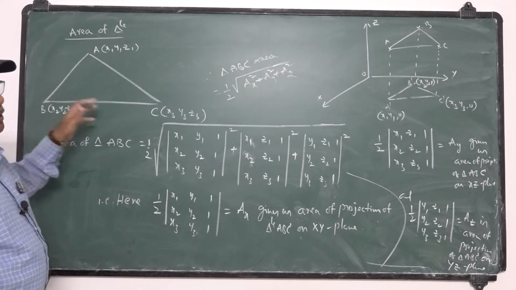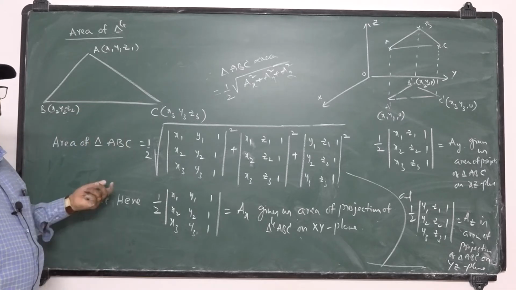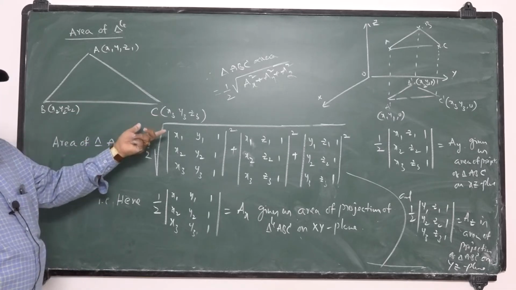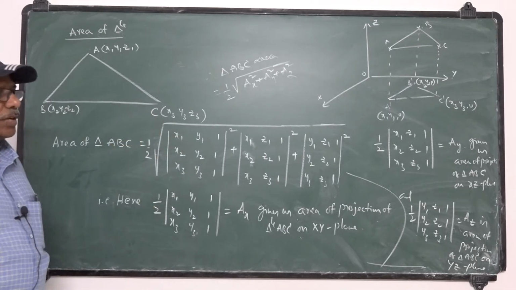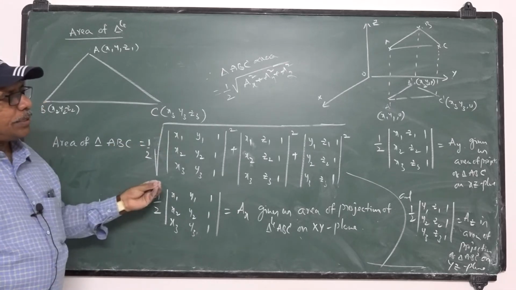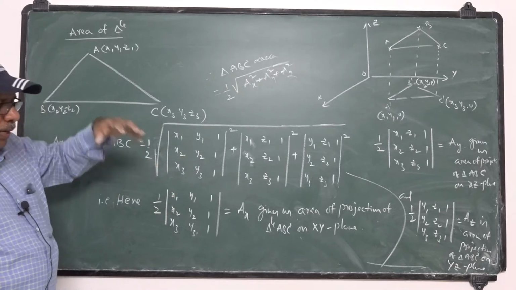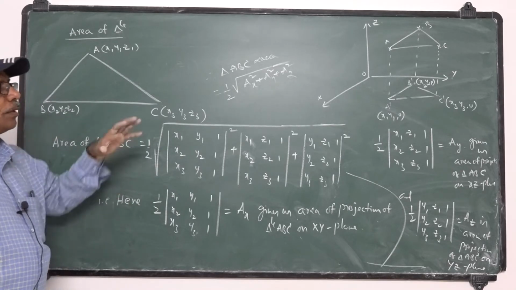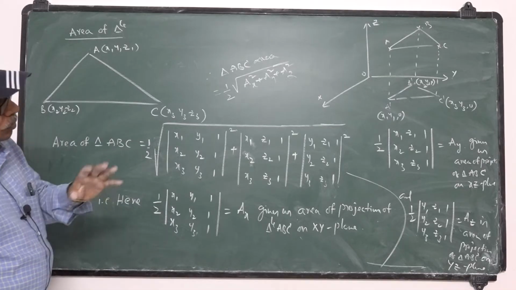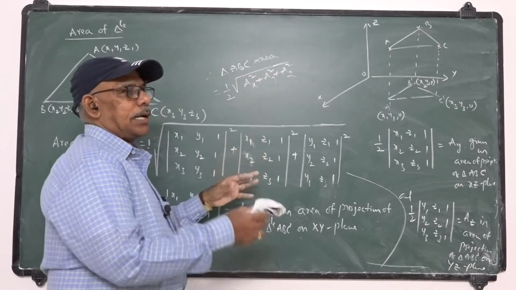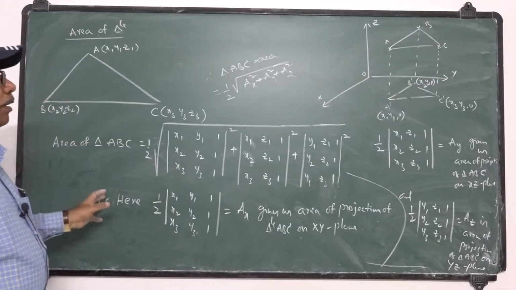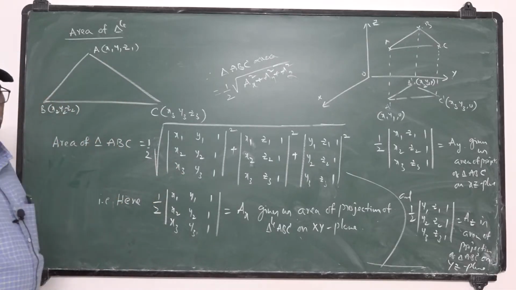Once the given points are in Cartesian form as ordered triplets, you can find the area in this way. It is a laborious process, finding the projections of the given triangle over the coordinate planes and collecting those areas. This is a lengthy procedure.